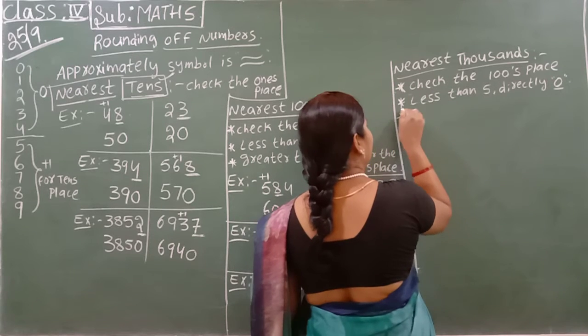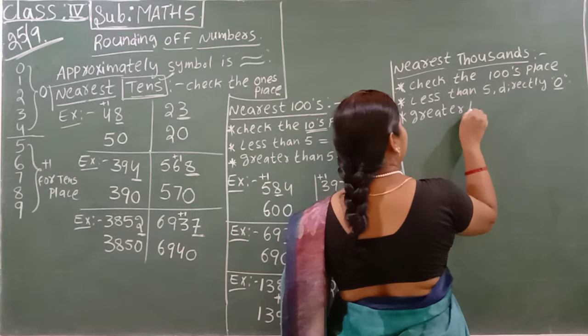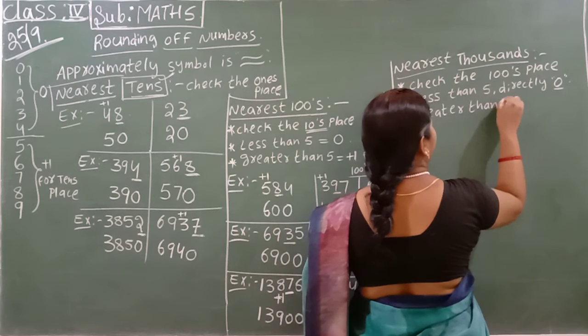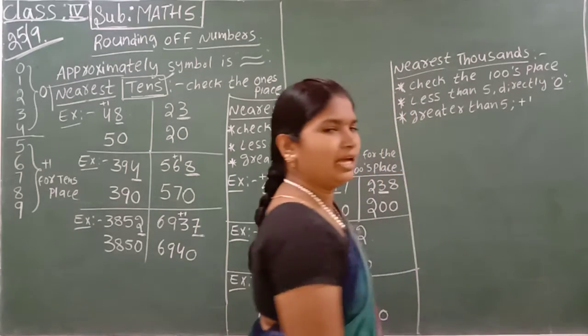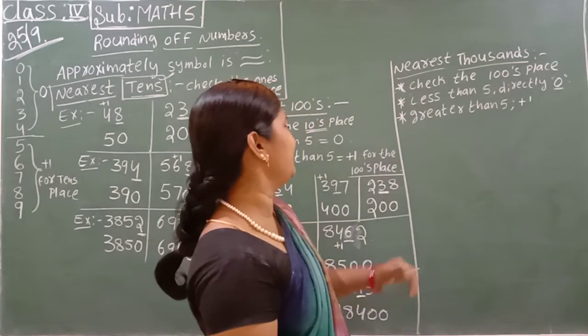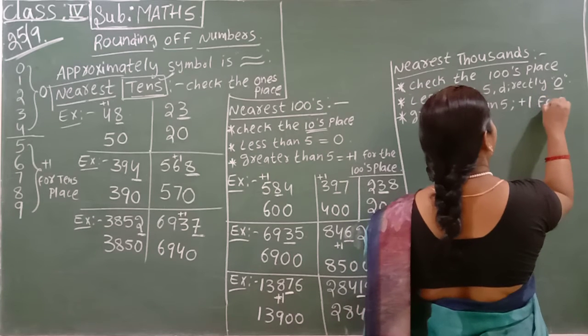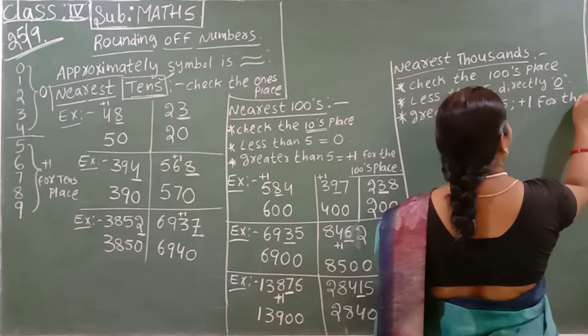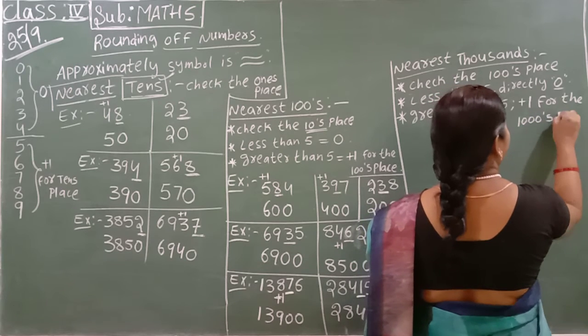Next, if it is greater than 5, add 1. Add 1 for which place? Thousands place.